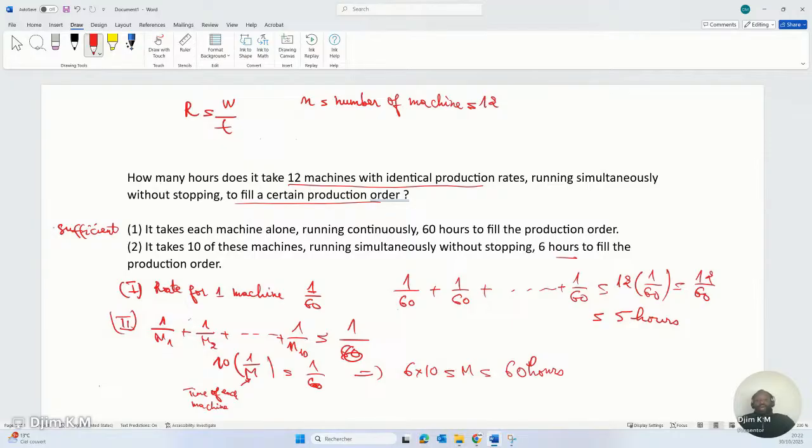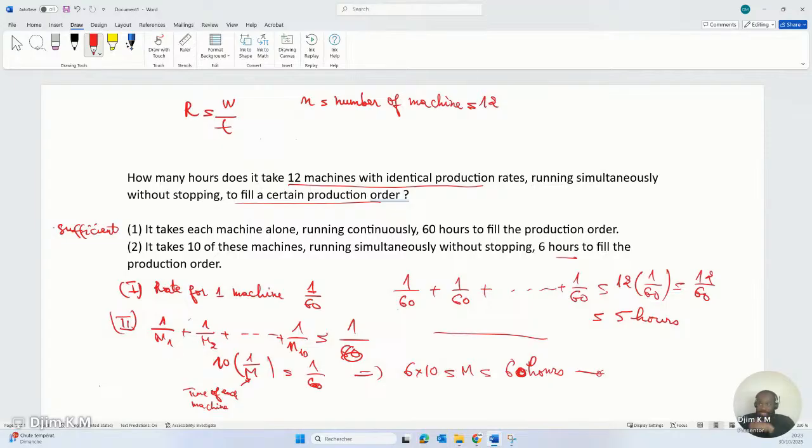Okay, so it takes 60 hours for one machine, and we can do the rule of three. If one machine is taking 60 hours, what if we have 12 machines?